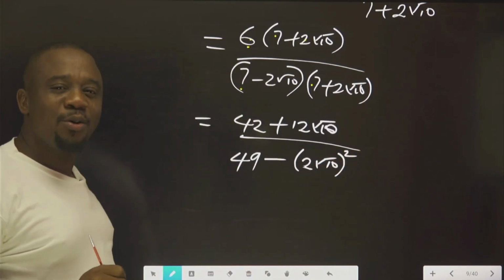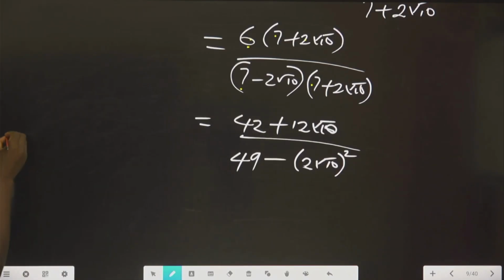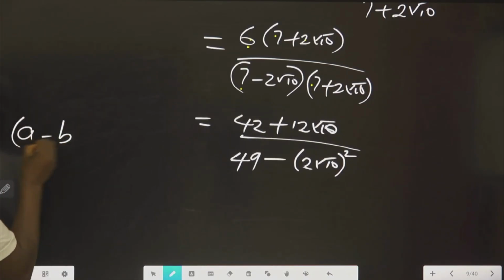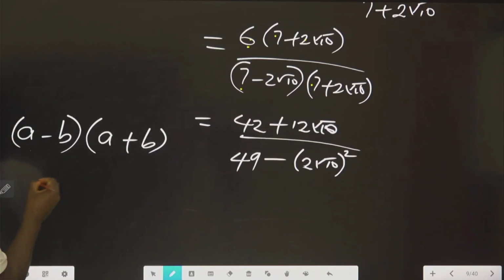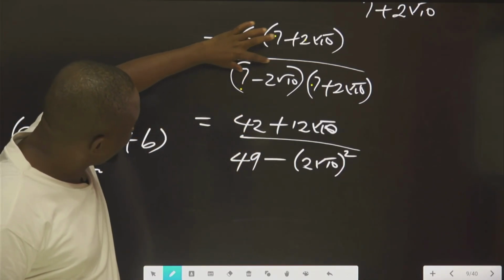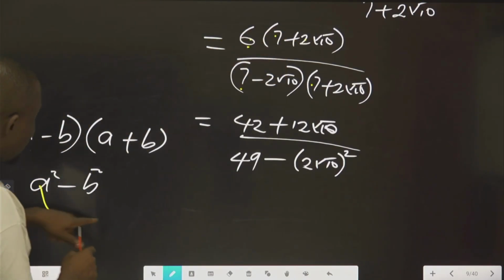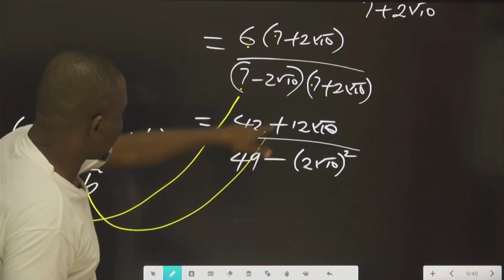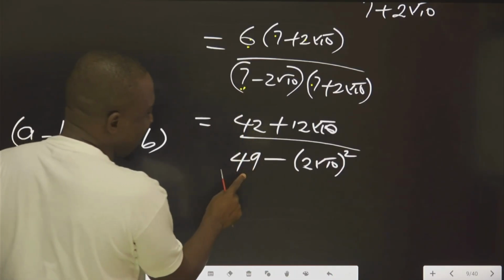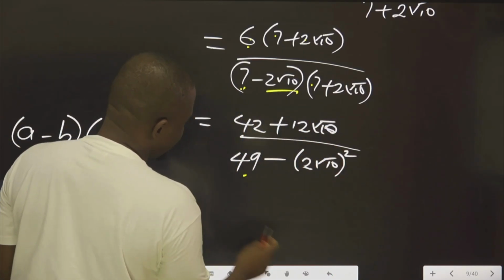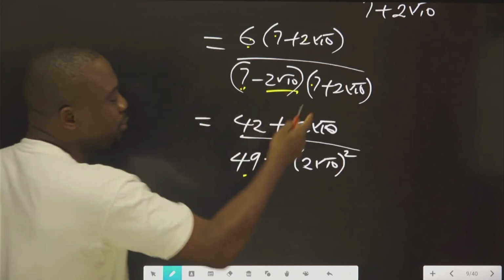I don't know if you understand what I just did here. Remember this? Because I need to show you this. It simply means a squared minus b squared. So what we did now, we took this and also this, and squared them. While I square this, I have 49, then I'm squaring this now. I should have just put 4 multiplied by 10.